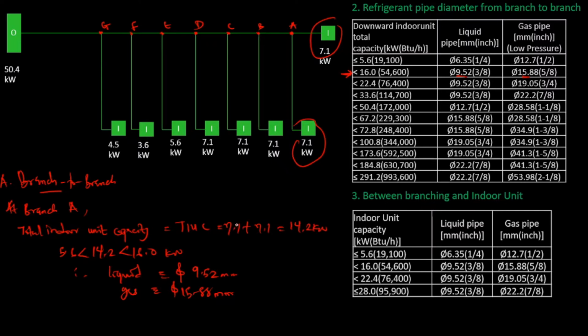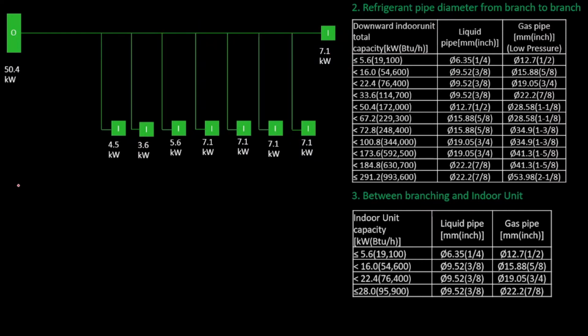Now we'll look at branch B. So at branch B, what's there? Okay, so this is where branch B is, right? This is where branch B is. So again the TIUC, that's the total indoor units capacity, initially we got 14.2. Remember it's going to be this plus this plus this.